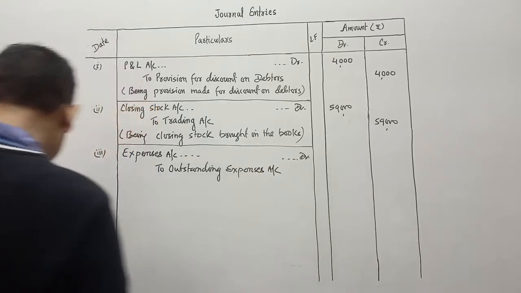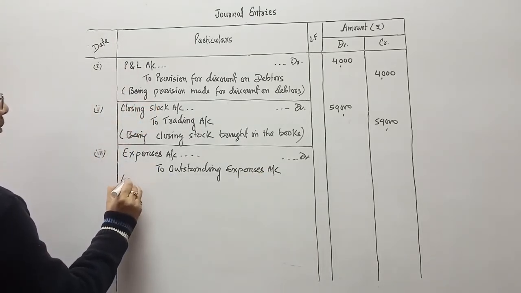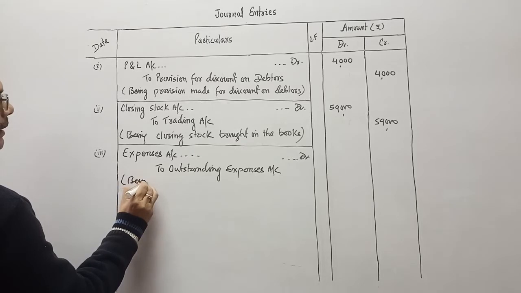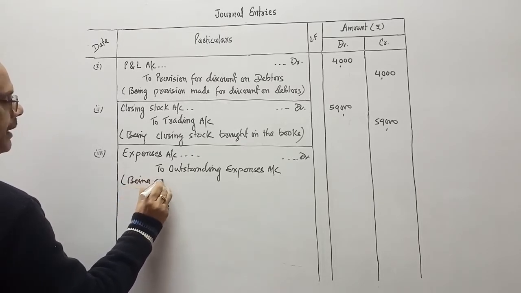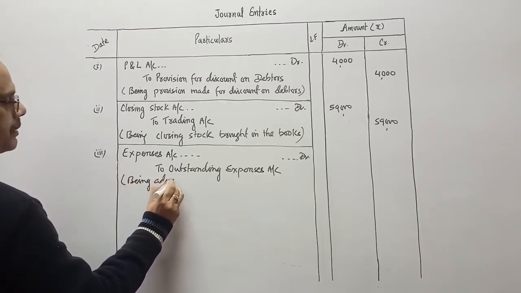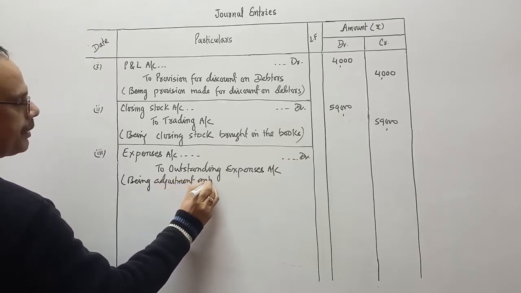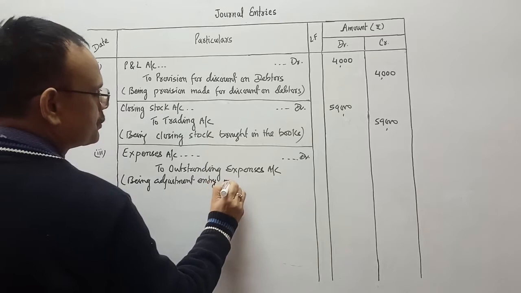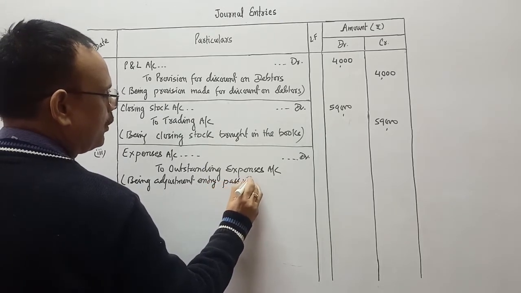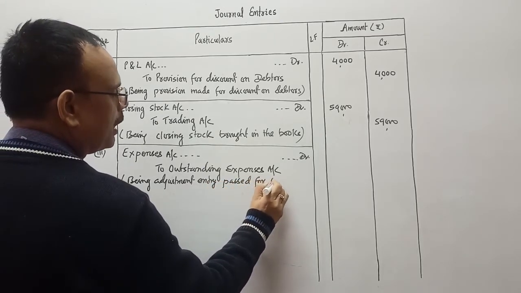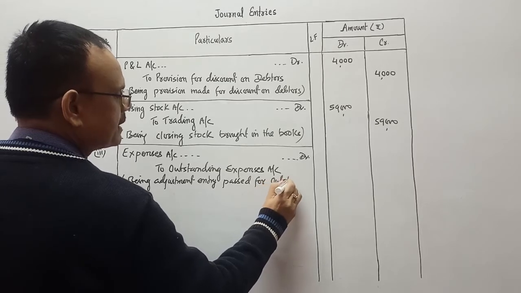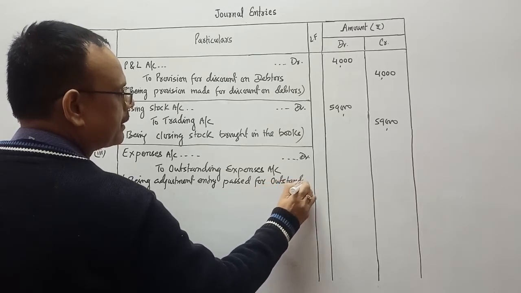Narration will be very simple: being adjustment entry passed for outstanding expenses.